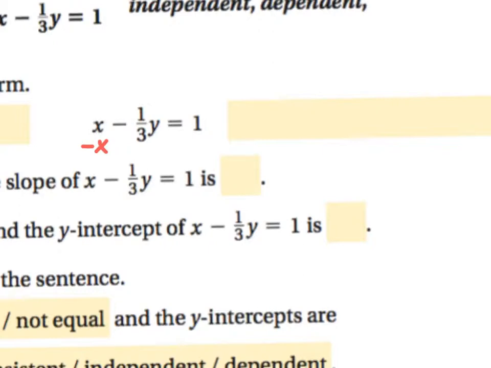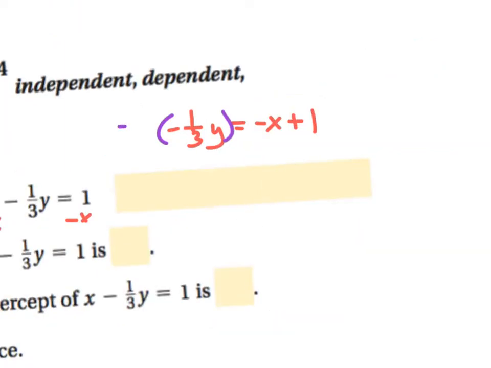I'm going to run out of space here, so I'm going to write it up here. Negative 1/3 y equals negative x plus 1. Multiply by negative 3 on both sides. Why am I doing that? To kill the negative and to kill the fraction. So y equals 3x minus 3.